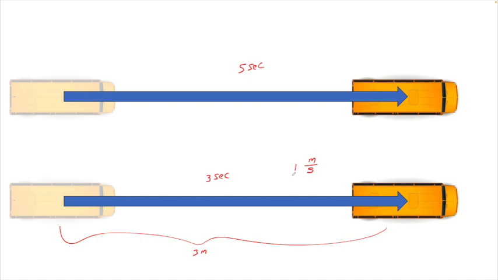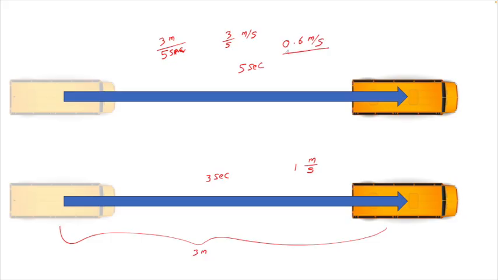Now let's consider this bus also. It takes 5 seconds for 3 meters. So 3 meters per 5 seconds, you can say 3/5 meter per second. We use s for second, not sec. So 3/5 is 0.6 meter per second, the speed of the bus.